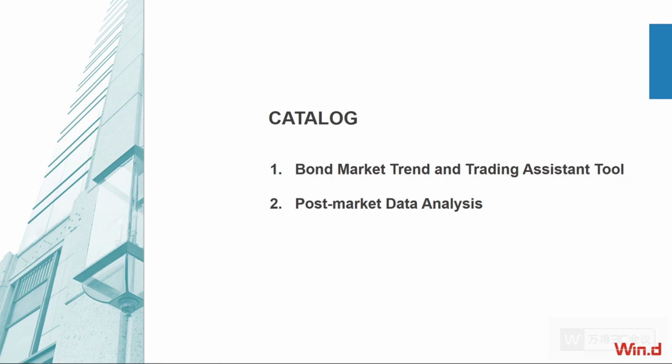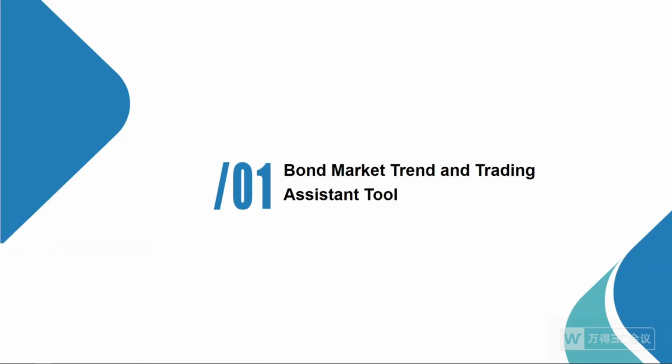Second, after the trading, the terminal also provides whole bond market reports for you to review the dynamics of the market. So after my presentation, you will be able to use related bond skills with our terminal, especially for interest rate bonds. Okay, let's start with our first part, bond market trend and trading assistant tool.